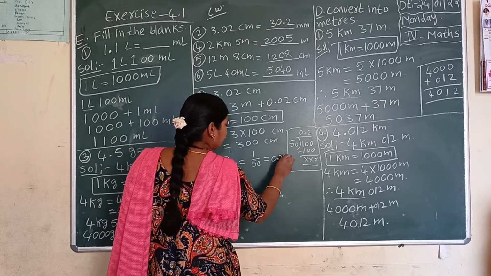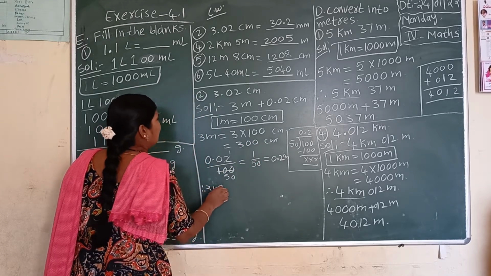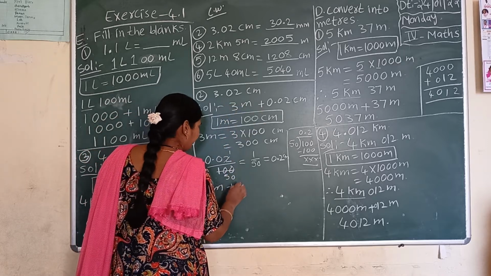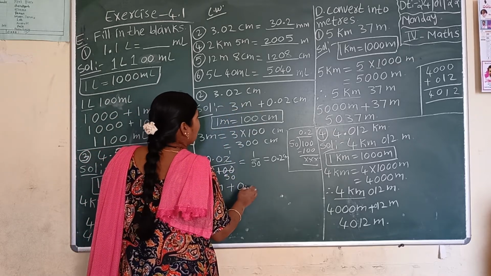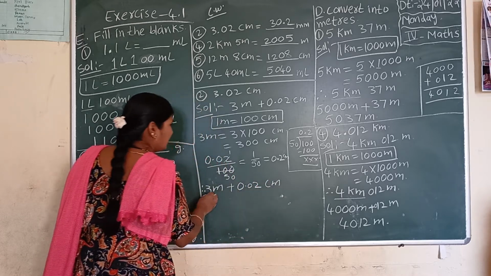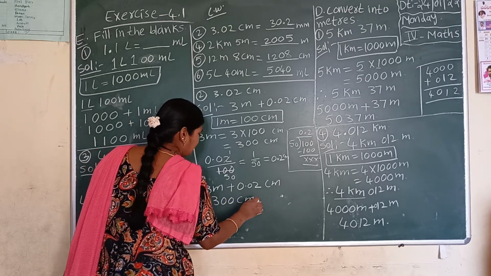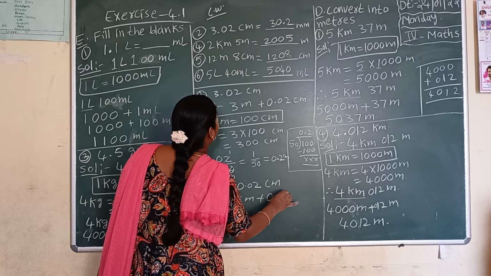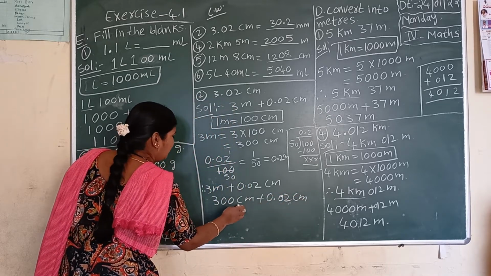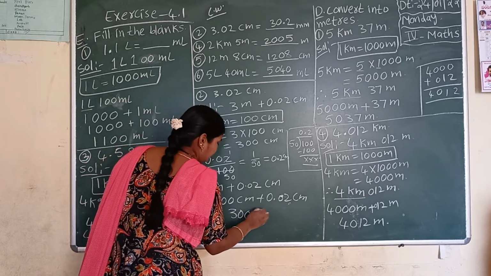Now you have to add these two numbers. Therefore, 3 meters and 0.02 centimeters. 3 meters, please write down 300 centimeters plus 0.02 centimeters. Now you are adding, you are getting 300.02.